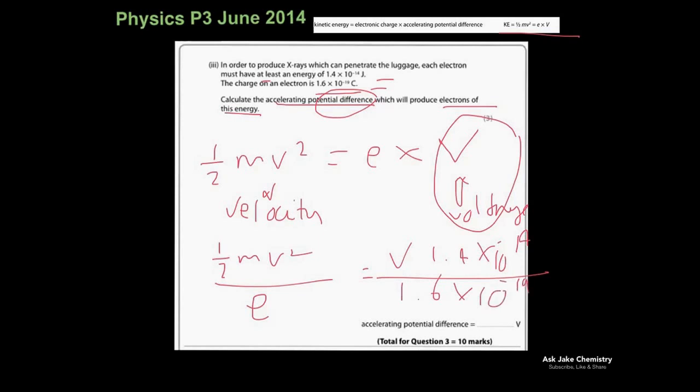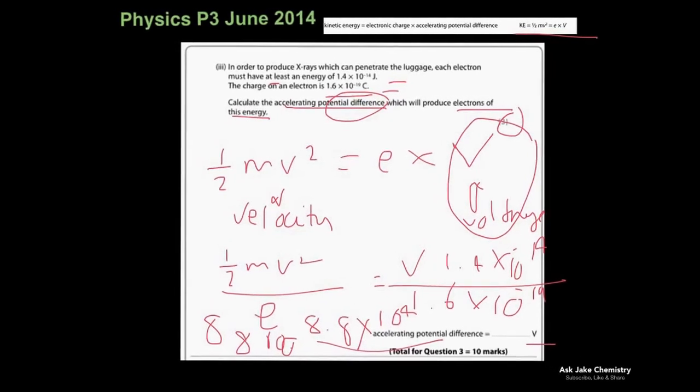Insert that into your calculator and you will get 8.8 times 10 to the 4. Put that in there. You can put it in whole volts instead if you want to expand this, which will be, I believe, 88 and then 3 zeros. Do that and you get 3 marks.